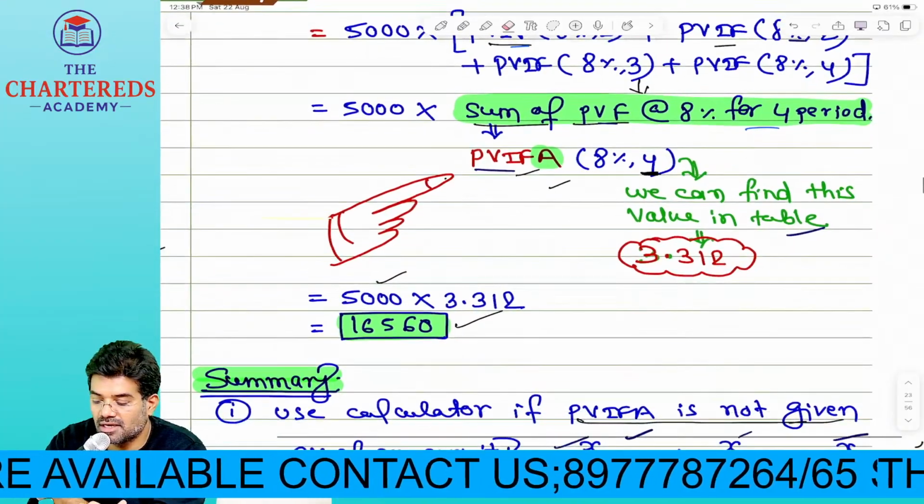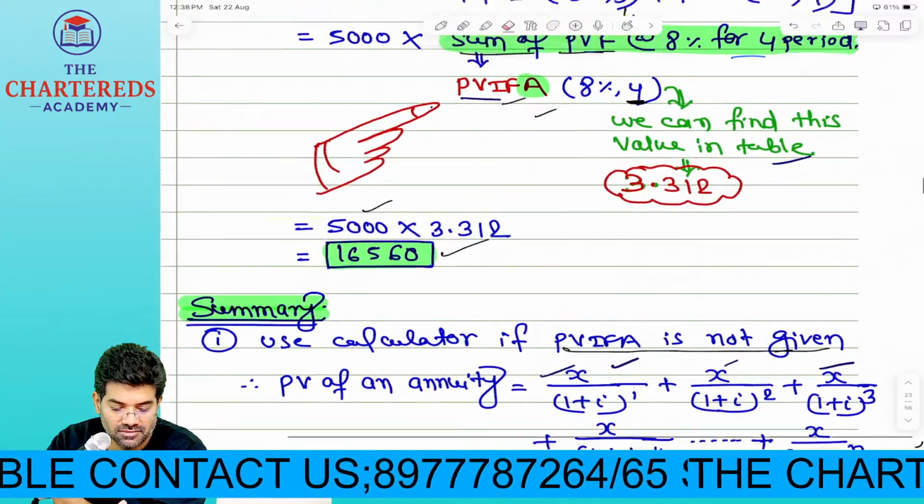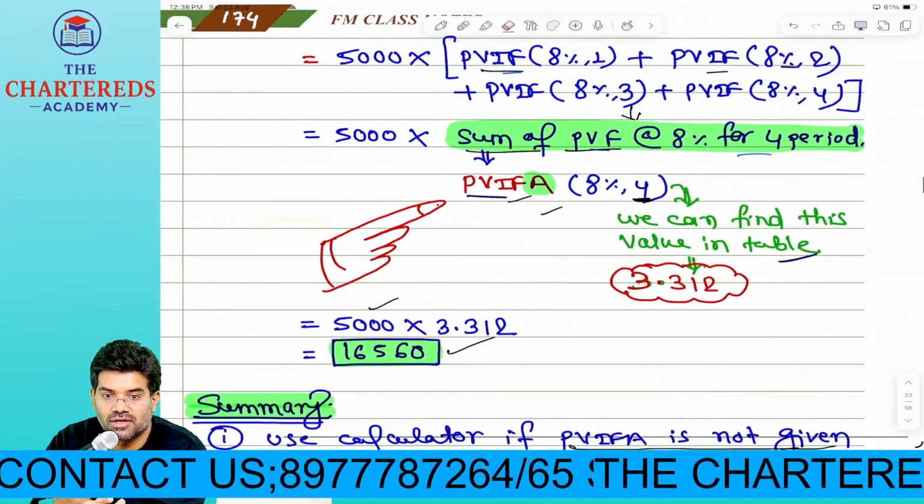If it is given directly, you can multiply those values. Summary not required. Up to here you complete it. Okay, we'll do a problem now.